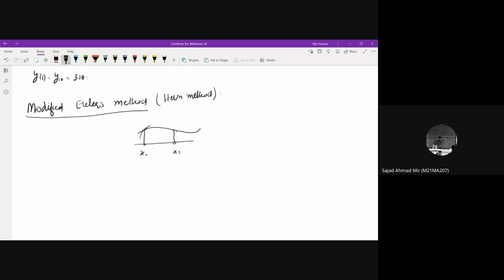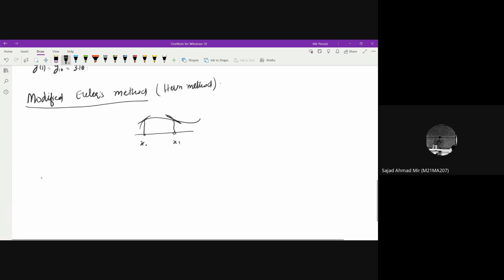Now this method is using the slope at the new point as well. So if I write down the equation, this was your y0 at this point, and the slope at this point we were using in Euler's method. Now we are moving to the modified Euler's method, which is using the slope at both these points.